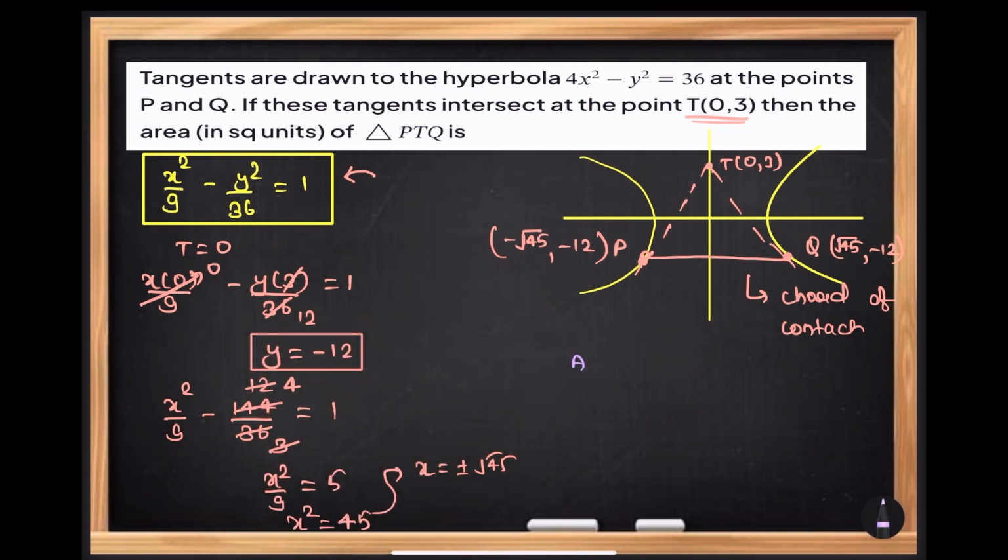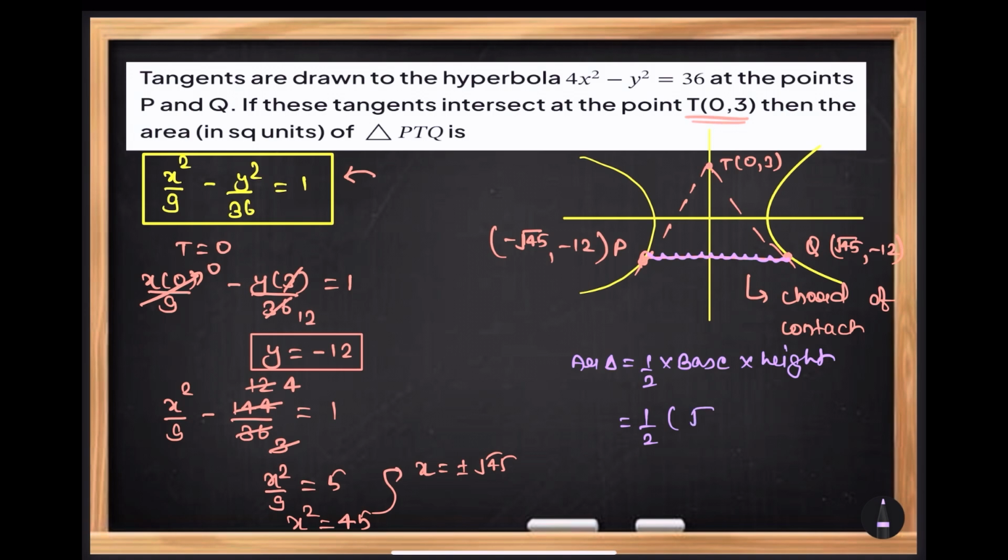PQR. So can I say that the area of the triangle will be half base into height, correct? Now look at this, half is half. Now think about the base. Don't you think this is the base? So can I say that it is x2 minus x1, final minus initial?